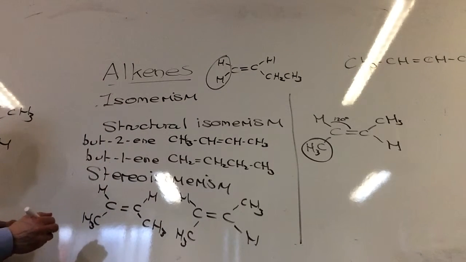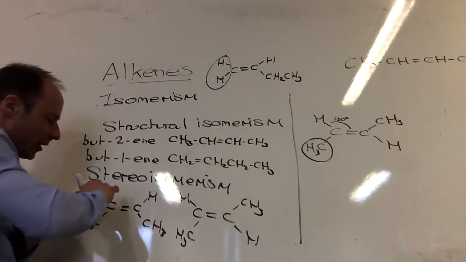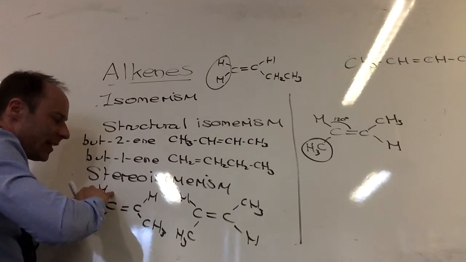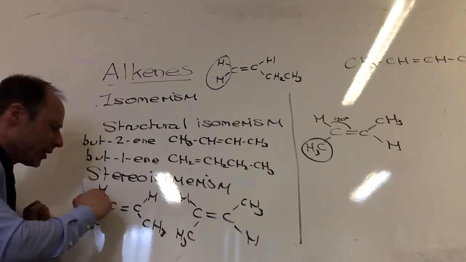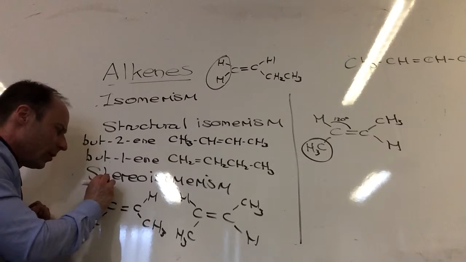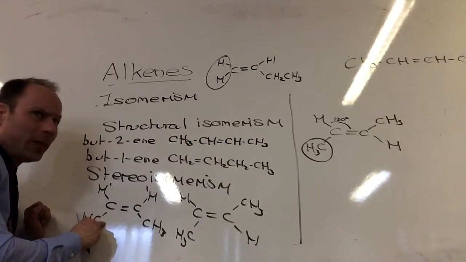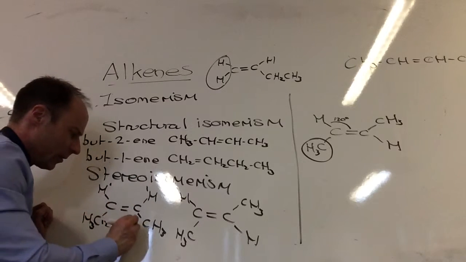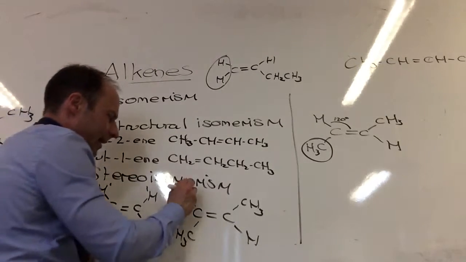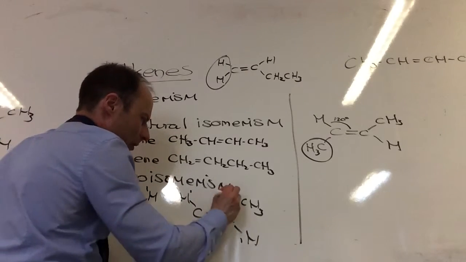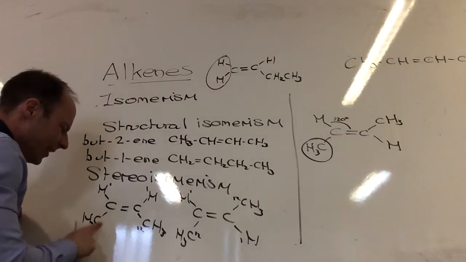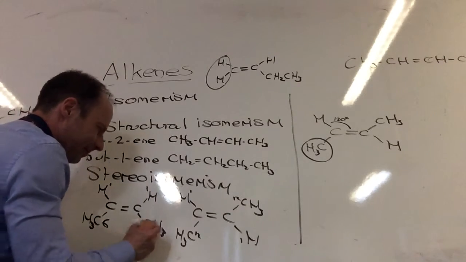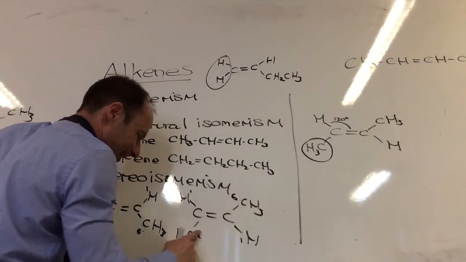The way we look at it is we look at the priority. So we look at them in terms of the atomic number of the atom connected. So what's the atomic number of hydrogen? 1, well done. What about carbon? Carbon's atomic number is 6. So we've got 1, 1, 6, 6.